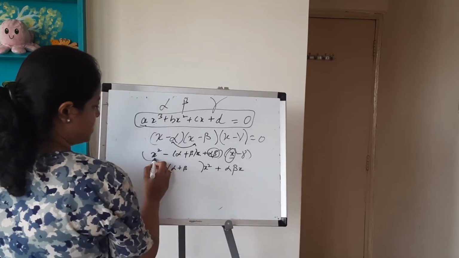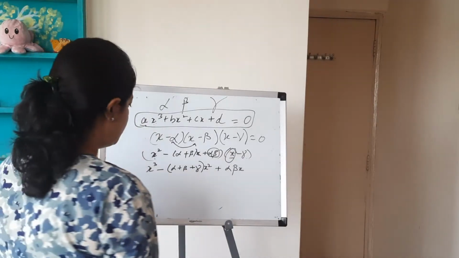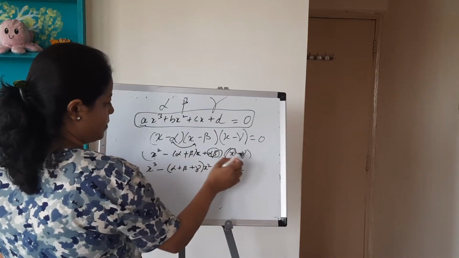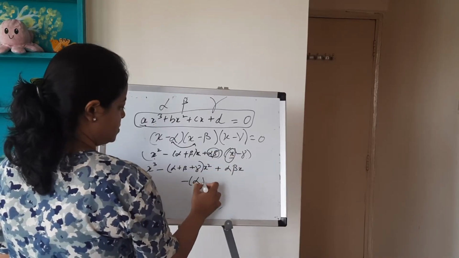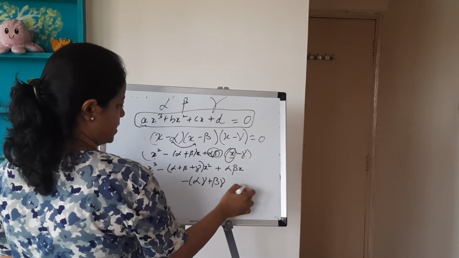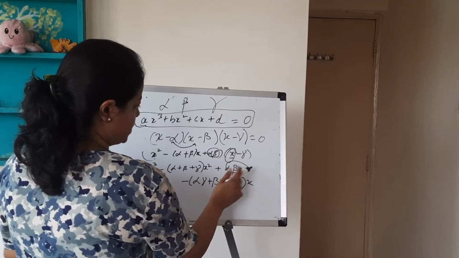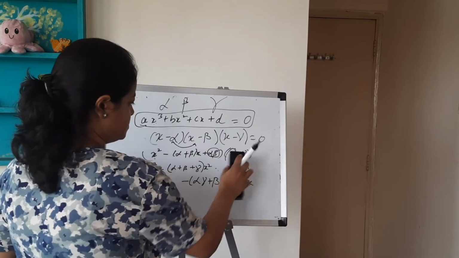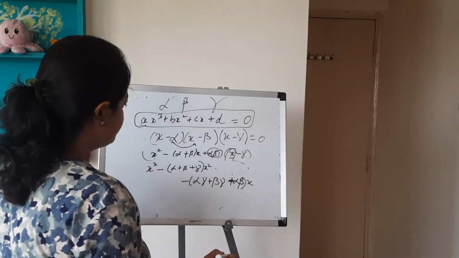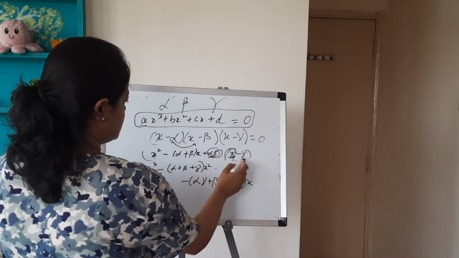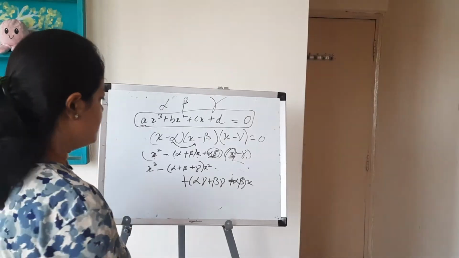When gamma is multiplied here, it is minus gamma square. We can put it here, right? Minus gamma square. When gamma is multiplied to this, it's alpha gamma, beta gamma in the negative, right? Alpha gamma, beta gamma in the negative, and x is here. And we already know that this is alpha beta x, so we can put it here. Alpha beta x. When we multiply gamma by this, it is actually plus, because minus and minus become plus, right?